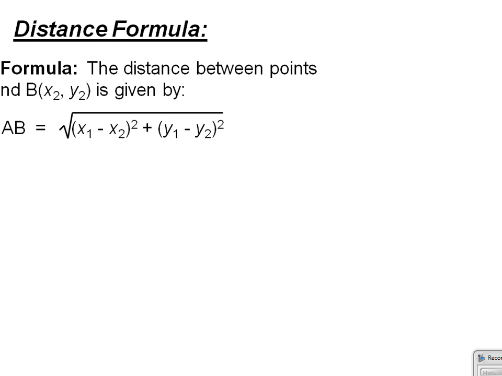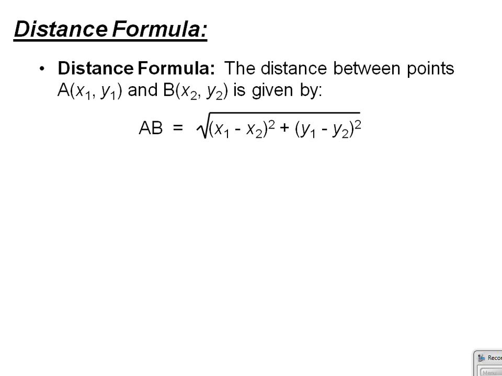This brings about the distance formula. Now, the distance formula at first glance may appear to be rather cumbersome, and it has a lot of odd-looking symbols to it, but don't panic because the distance formula is merely based off of the Pythagorean theorem, and it's just the Pythagorean theorem as it applies to coordinate geometry.